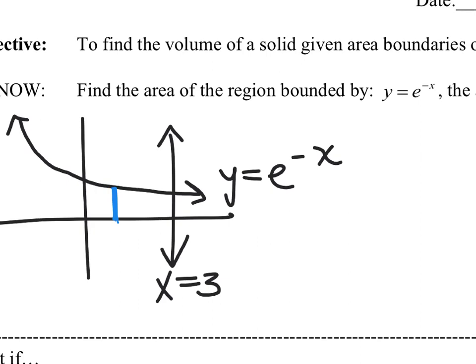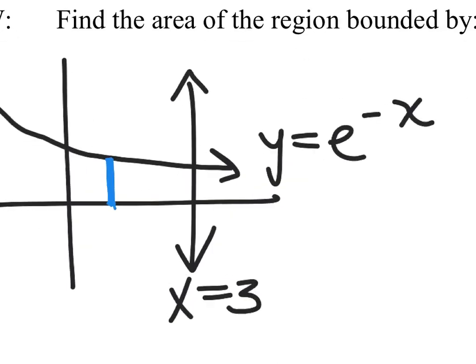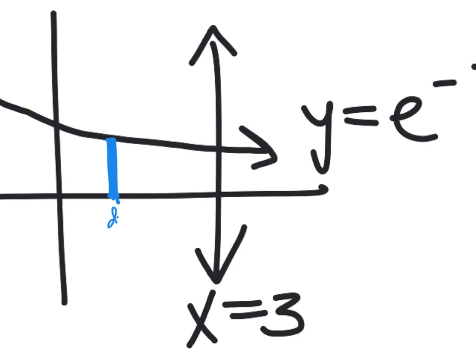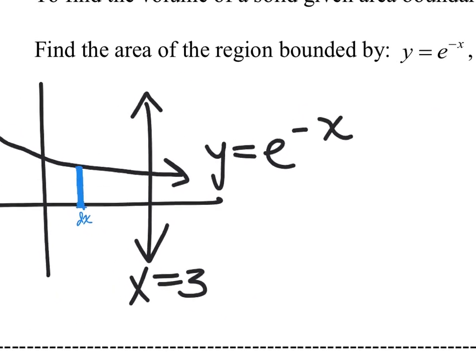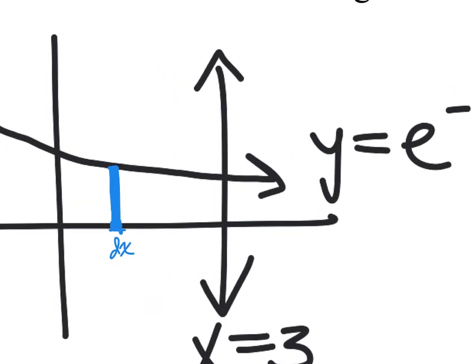Can I draw a rectangle from my chosen axis to the curve, covering all the area without any interruption? The answer here is yes. So now I know it's appropriate to make this a dx situation because my thickness of the rectangle is along the x-axis. Its height is determined by whatever y is, but y as a function of x.